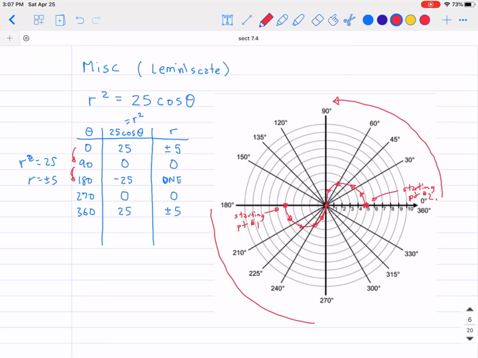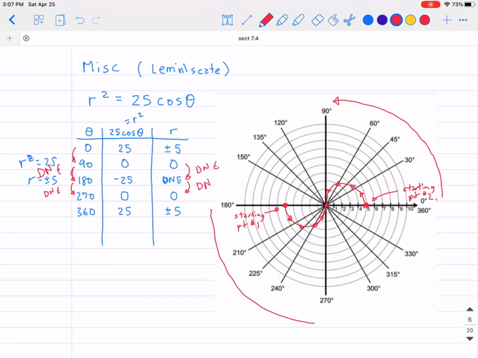Next, from 90 to 180 degrees. Now, we don't actually graph anything there because the r squared values are going to be negative. So therefore, we cannot take the square root of it. So quadrant 2, this part does not exist. We don't have to worry about that.